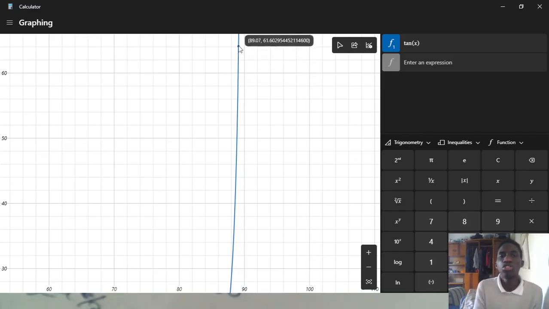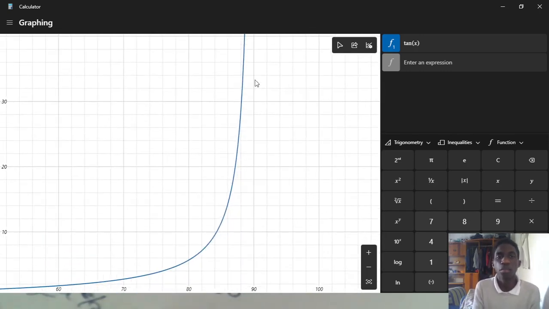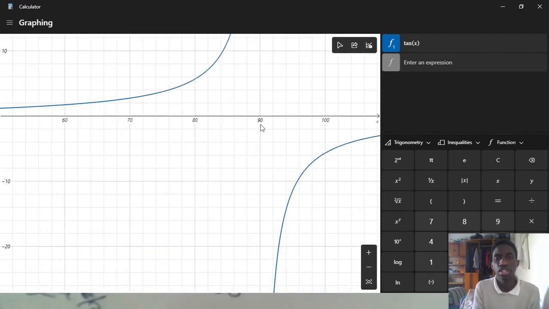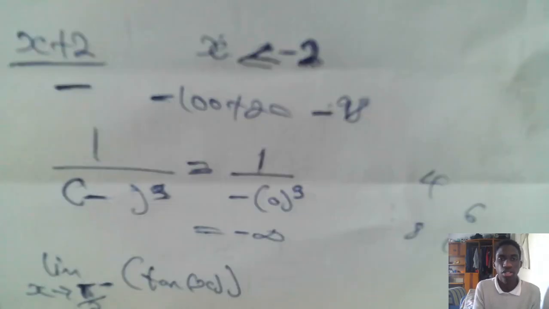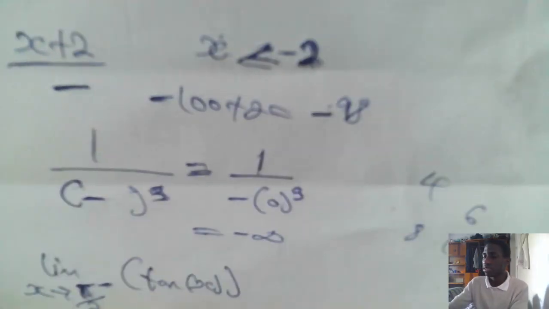So you'll get higher and higher values of f of x. So the limit is positive infinity, as we can see clearly. This is pi over 2, in degrees. So we can conclude that the answer to this is positive infinity.